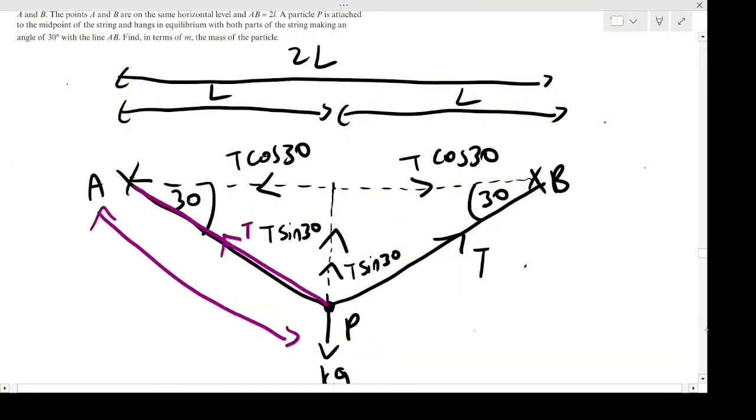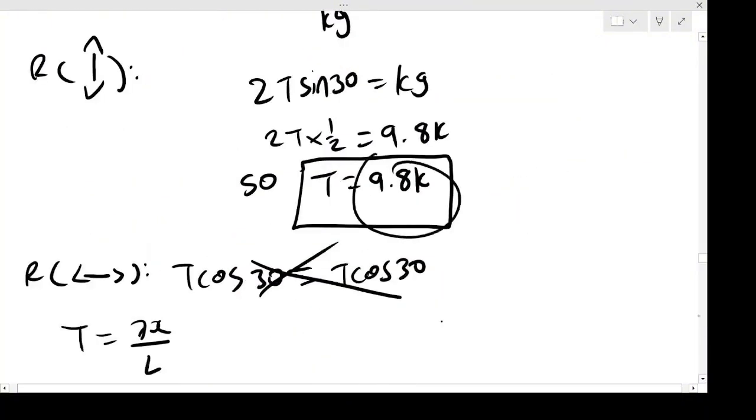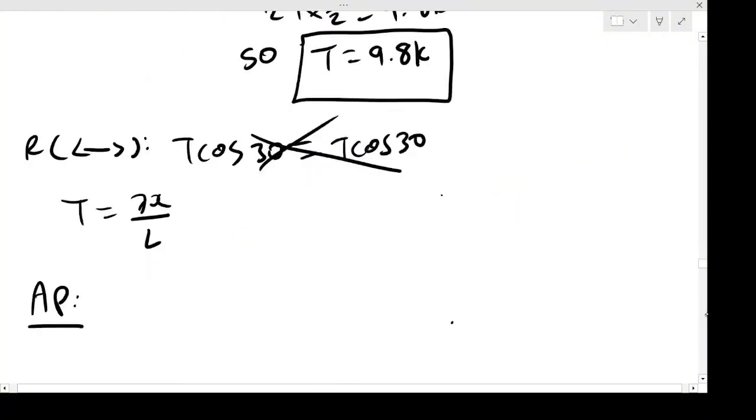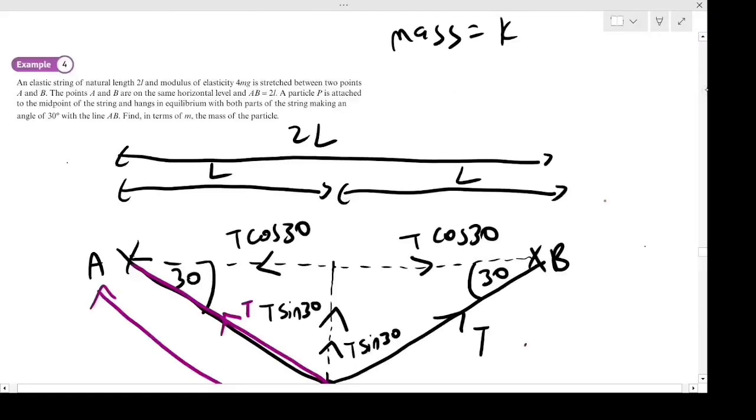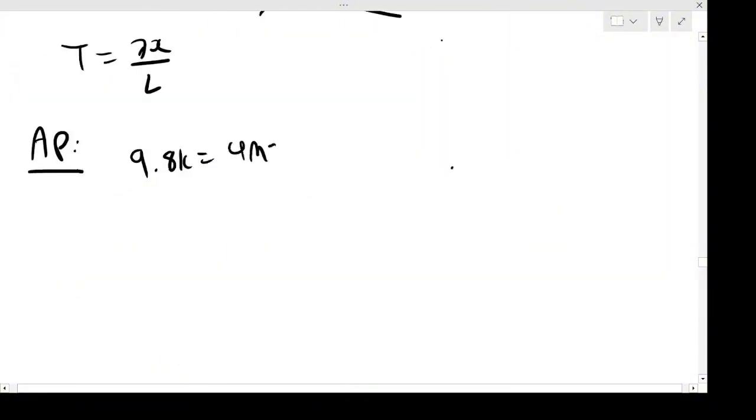So that means T, which I know is 9.8K, is going to equal lambda x over L. Well, the modulus of elasticity is 4mg times extension x over the natural length.